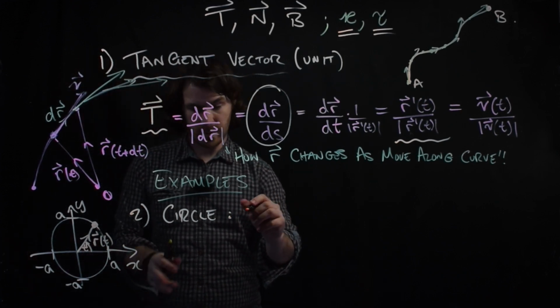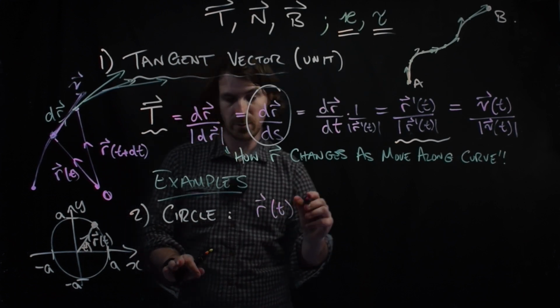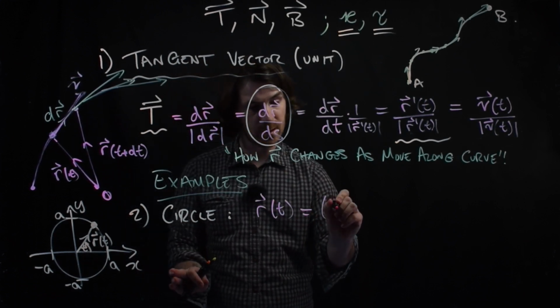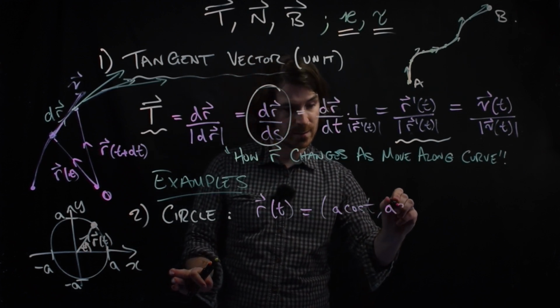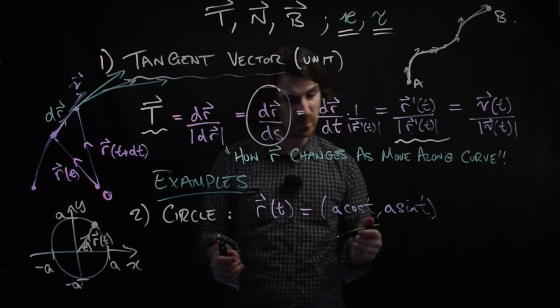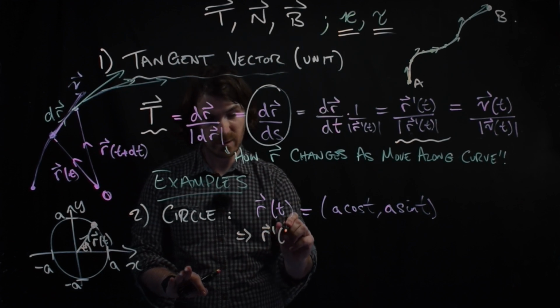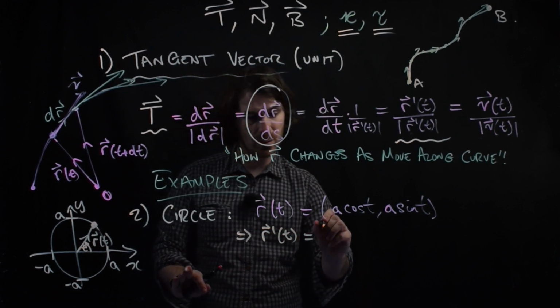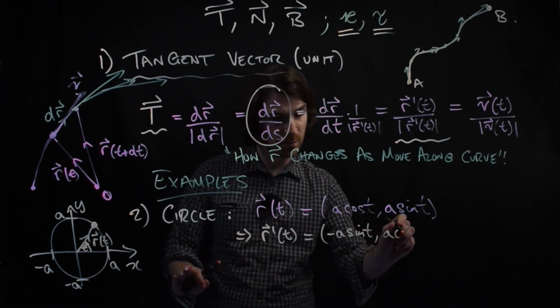In this case r of t, we're familiar with this by now, hopefully, is a cosine t, a sine t, which means that r prime of t, so dr by dt, equals minus a sine t, a cosine t.